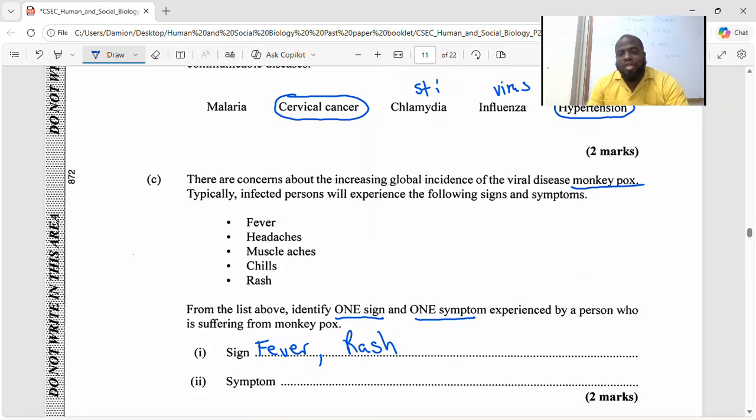And some of these, you have to be careful of the media, but pictures were being circulated of persons that had some of these lesions on their body, and they were alluding to saying that these persons had the disease, monkeypox. Now, symptoms is what the patient will be feeling.